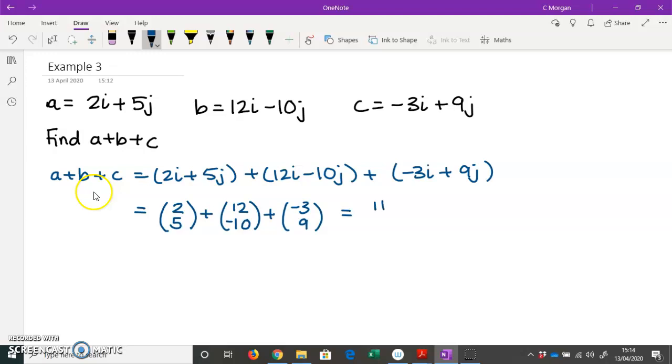And I've got 5 subtract 10, which is -5, add 9, which is 4 there. So I think a plus b plus c is 11, 4. But if it's required that I write it out in component notation, I'm going to translate that answer into my components of i and j. Therefore, both answers mean exactly the same thing, and I can work in column notation if it's easier.